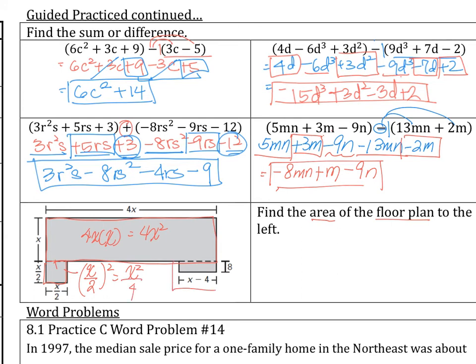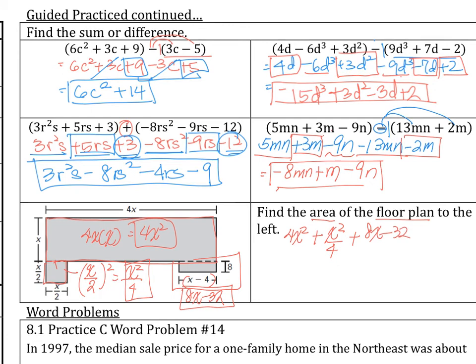And this little rectangle here makes 8x minus 32. And now I'm going to combine all of these terms to make one polynomial. So 4x squared plus x squared over 4 plus 8x minus 32.